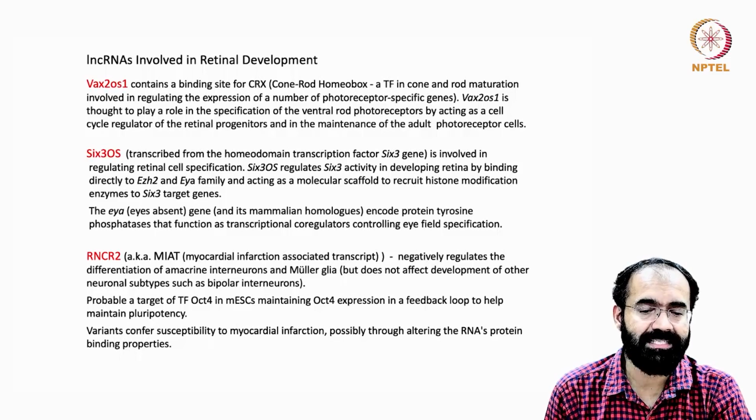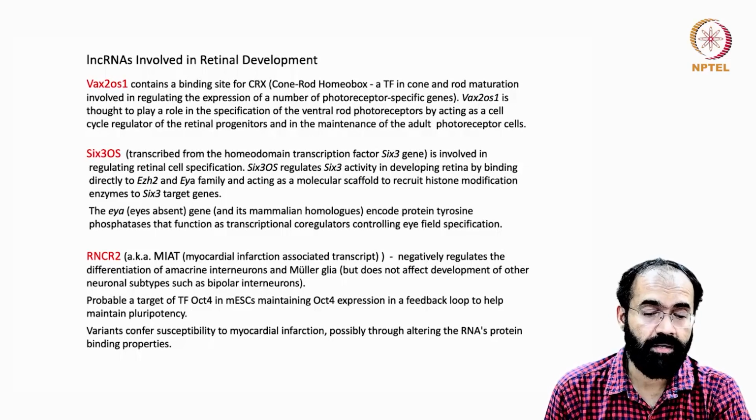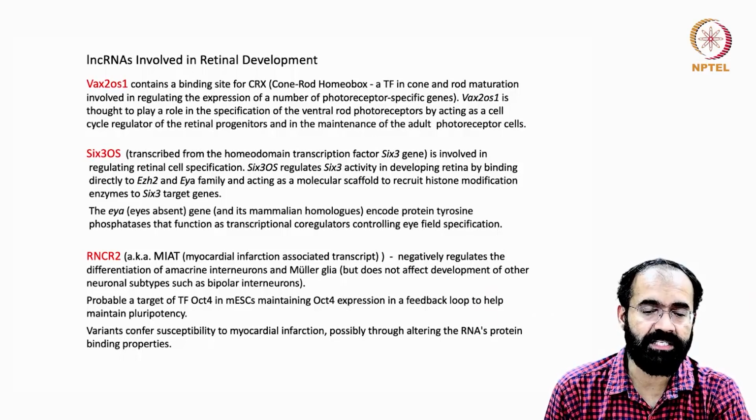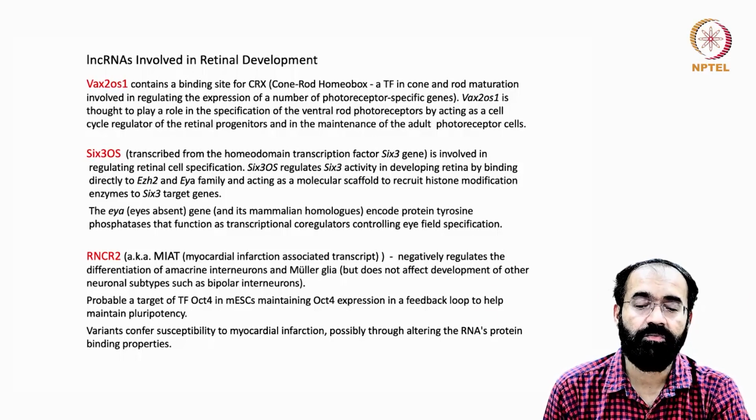This contains a binding site for CRX, cone-rod homeobox. It is a transcription factor. TF stands for transcription factor in cone and rod maturation that is involved in regulating the expression of a number of photoreceptor-specific genes.